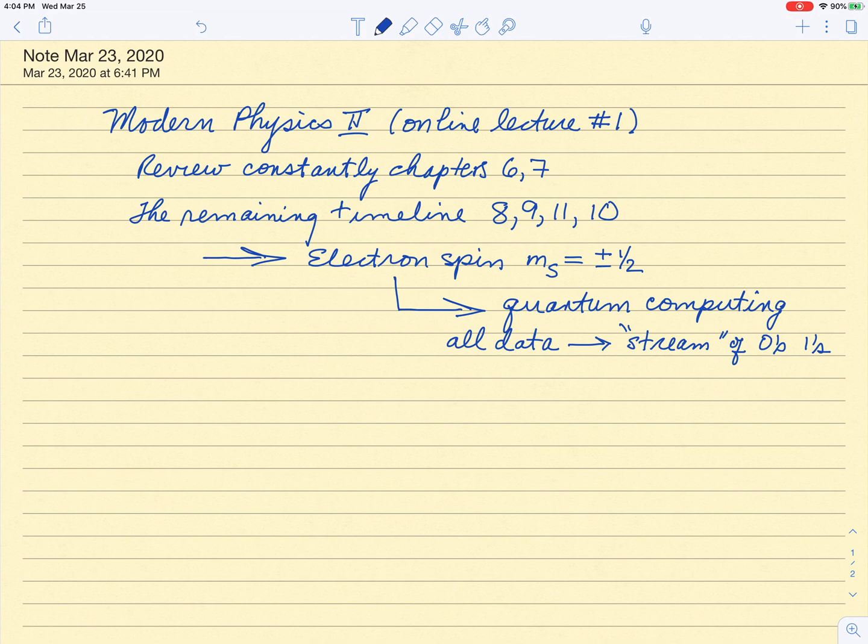And basically, in computing now, 0 would be a voltage off, and 1 would be a voltage on, and so digital information is encoded by a stream of zeros and ones, which actually are voltages on or voltages off.